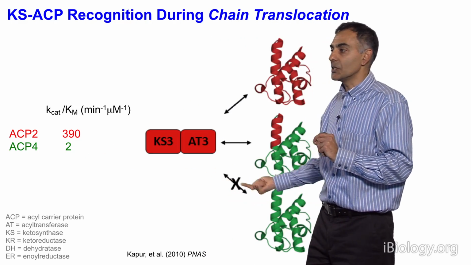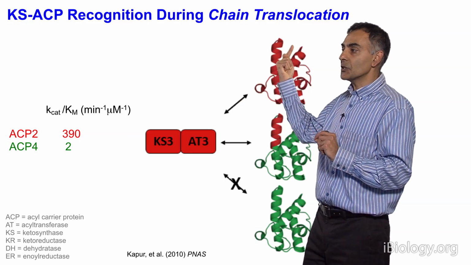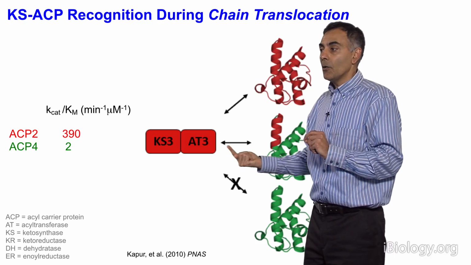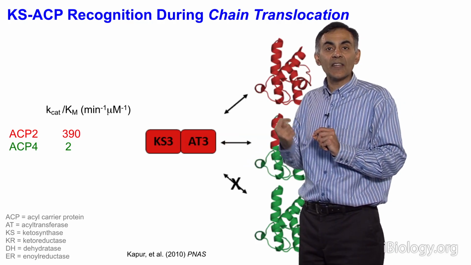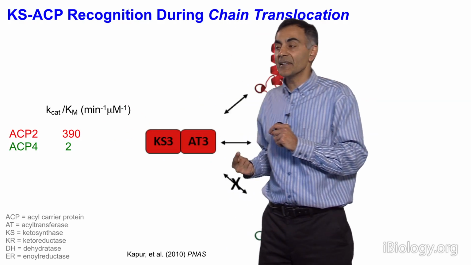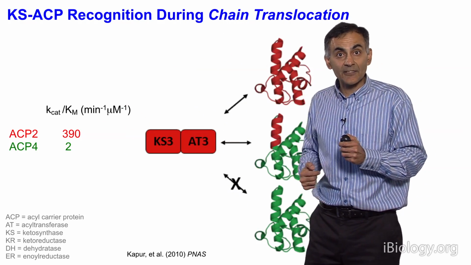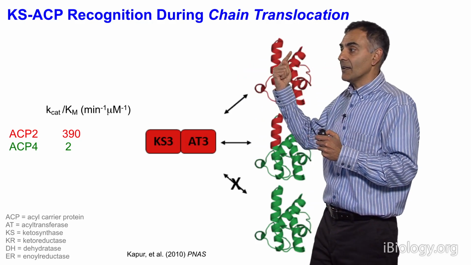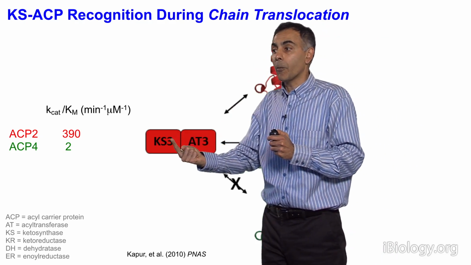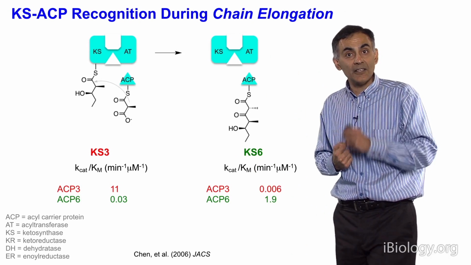It doesn't do a good job of talking to this acceptor module. But now if you just put a portion of this helix into this protein, now this chimeric protein is just as good or almost as good as this red carrier protein in delivering cargo through this chain translocation event, suggesting that it's this helix over here that plays a very important role in dictating the specificity during chain translocation.